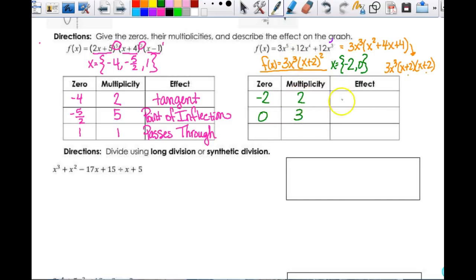So that makes this one here tangent, and this a point of inflection. Inflection. All right, I'll write that. And then there isn't a third one.